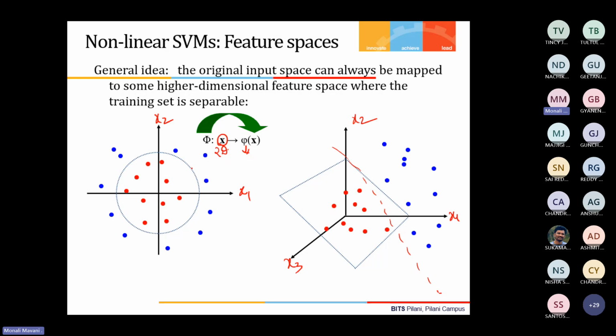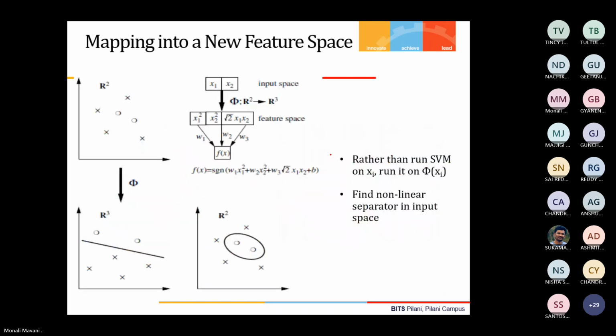So only 1, 2, and 3 dimensional figures you will find everywhere to understand nonlinear SVM. Okay, so this is a concrete example. The top figure is a 2-dimensional data set. R squared stands for 2-dimensional real numbers.